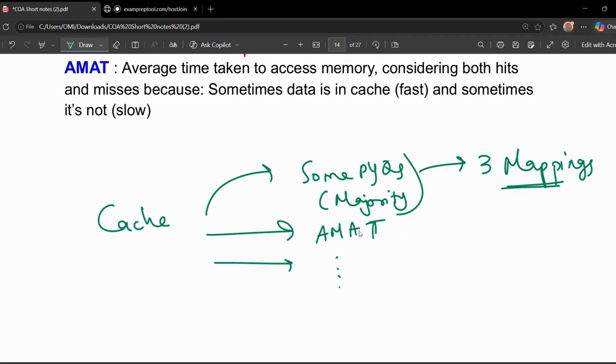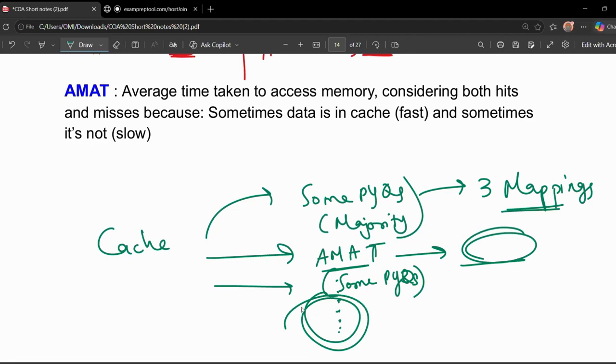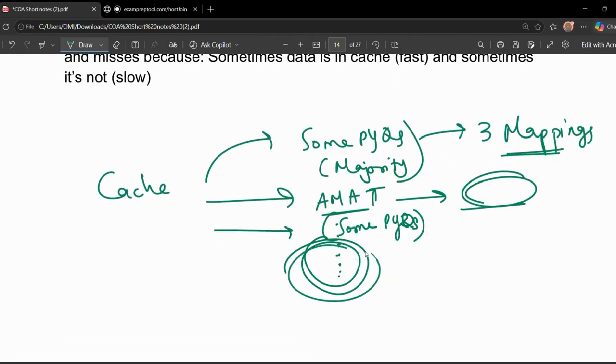The next important thing we will see is average memory access time. Here also some PYQs will be there, and that is also important. And some other small topics we will see in further detail, today only. So all this content covers the rest of the PYQs.